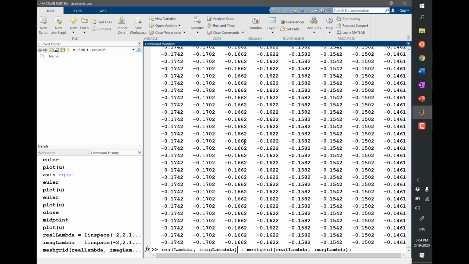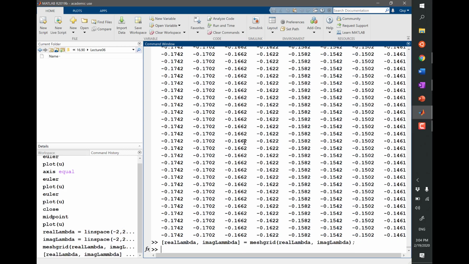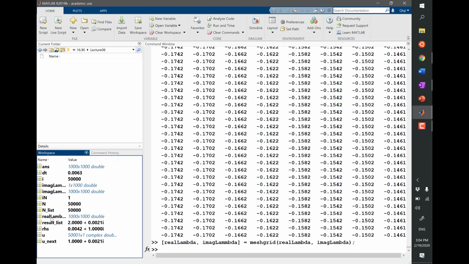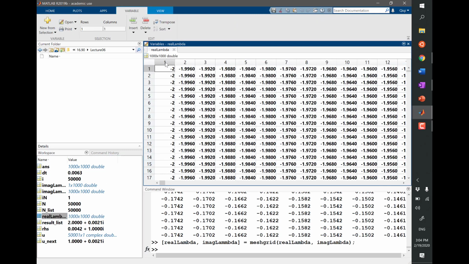I'm going to overwrite the same variables. Now if you look at the workspace, my real lambda is 1,000 by 1,000.